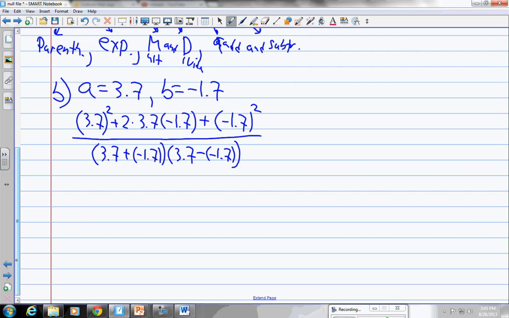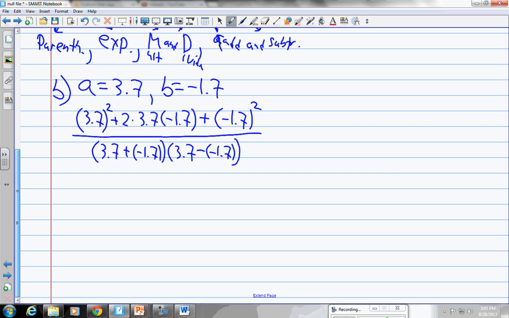Now that numerator is just awful. I need to square 3.7, and of course if you're that guy from Monday then it's easy. But we're not, so we need to suffer through that. 3.7 squared plus 2 times 3.7.